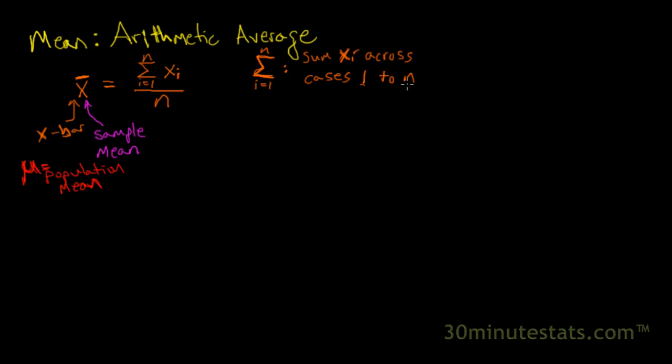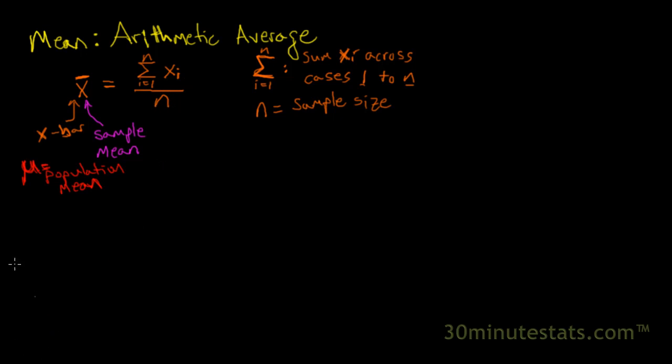Okay, from the first observation to the nth observation. And here, lowercase n is equal to the sample size, as we've used in the past. So this is really just a fancy way of saying you're going to add up all the values of your variable x for each observation in your sample, and then divide by the number of observations in that sample.